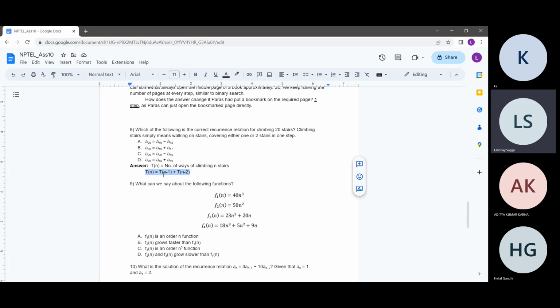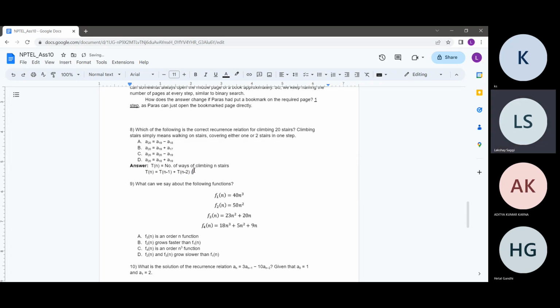When I cover one stair, I need to cover n minus 1 more stairs using these types of ways only. And if I cover two stairs, then I need to cover the remaining n minus 2 stairs. That's how this recursion comes to fruition: T of n is T of n minus 1 plus T of n minus 2.